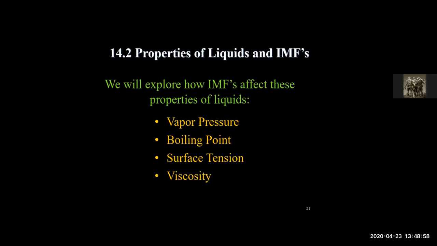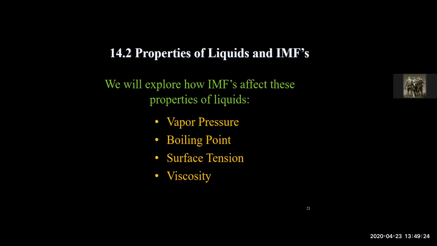Viscosity is basically a measurement of how thick something is. If I were to take a cup of water and a cup of honey and empty them, obviously the water is going to empty much quicker than the honey, and the honey flows much slower. So that infers that the IMF interactions of honey are much stronger than those of water.